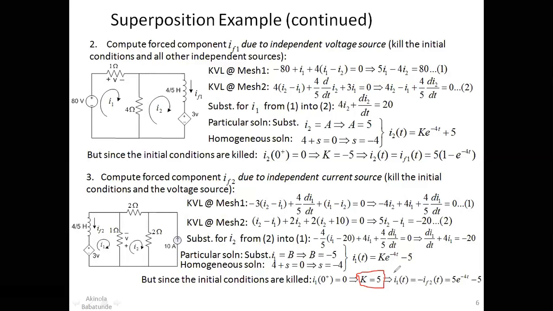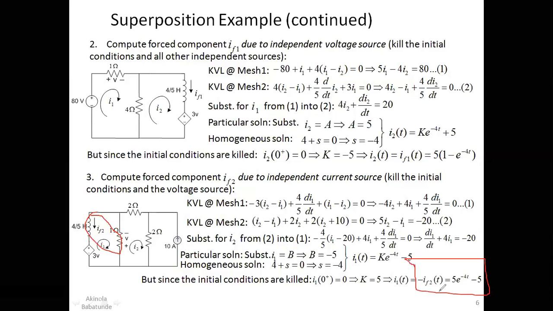If you rearrange that, don't forget I told you that I1 of t will be equal to minus IF of t, because of the direction of flow of current for both of them here. So I1 of t will be equal to minus IF2 of t. So eventually you would obtain this, 5 exponential minus 4t minus 5, as your minus IF2.